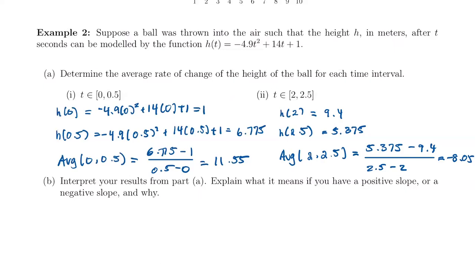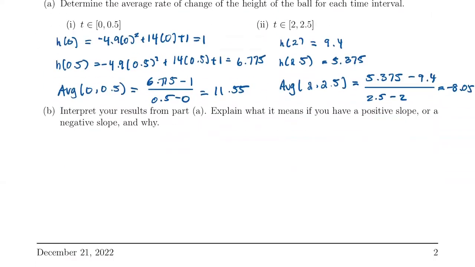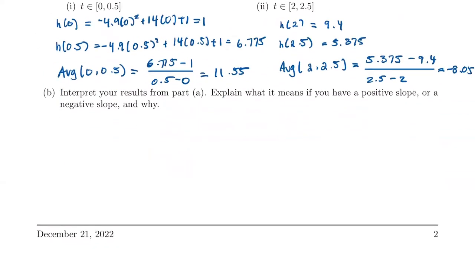Now let's try to interpret it in part B. So let's say we want to explain why we would get a positive slope, and why it would make sense that it would be a negative slope here.